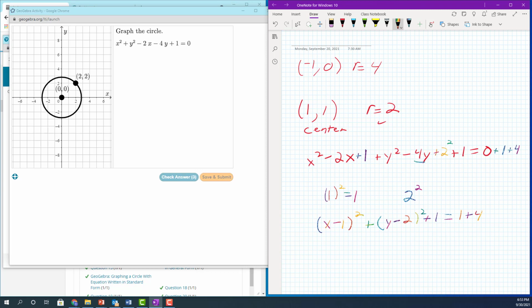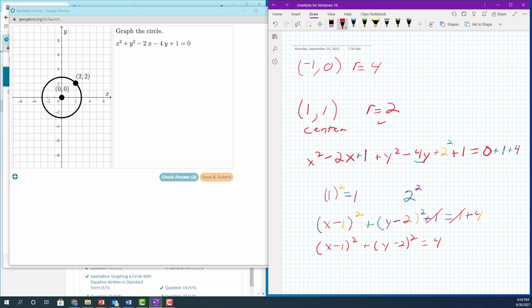Now I have a plus 1 here, I have a plus 1 there. They both can cancel. And that gives us our final result, which is x minus 1 squared plus y minus 2, the quantity squared, is equal to 4.